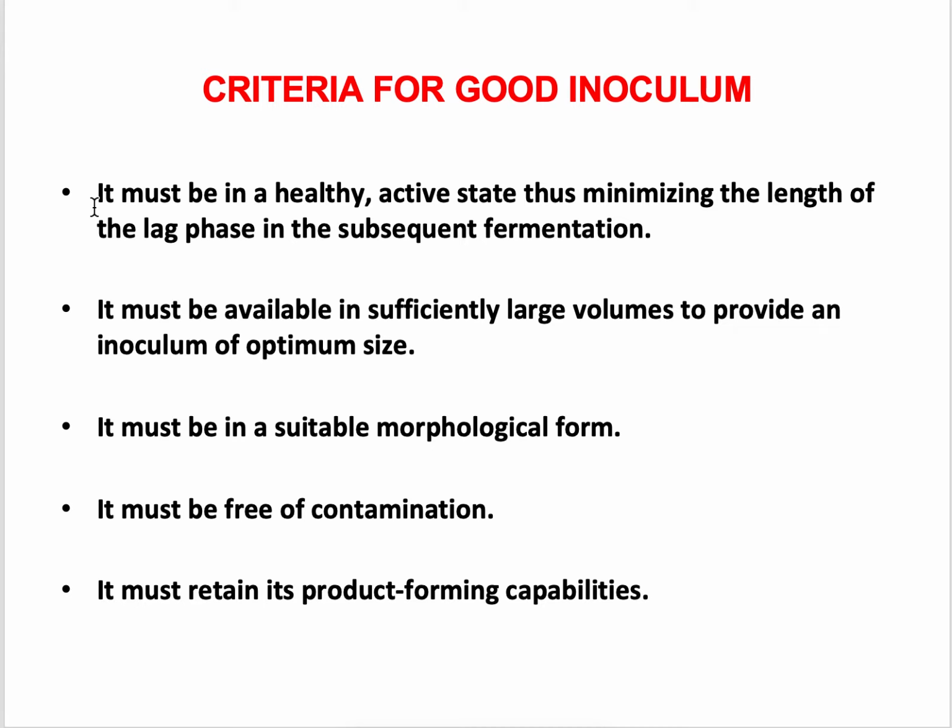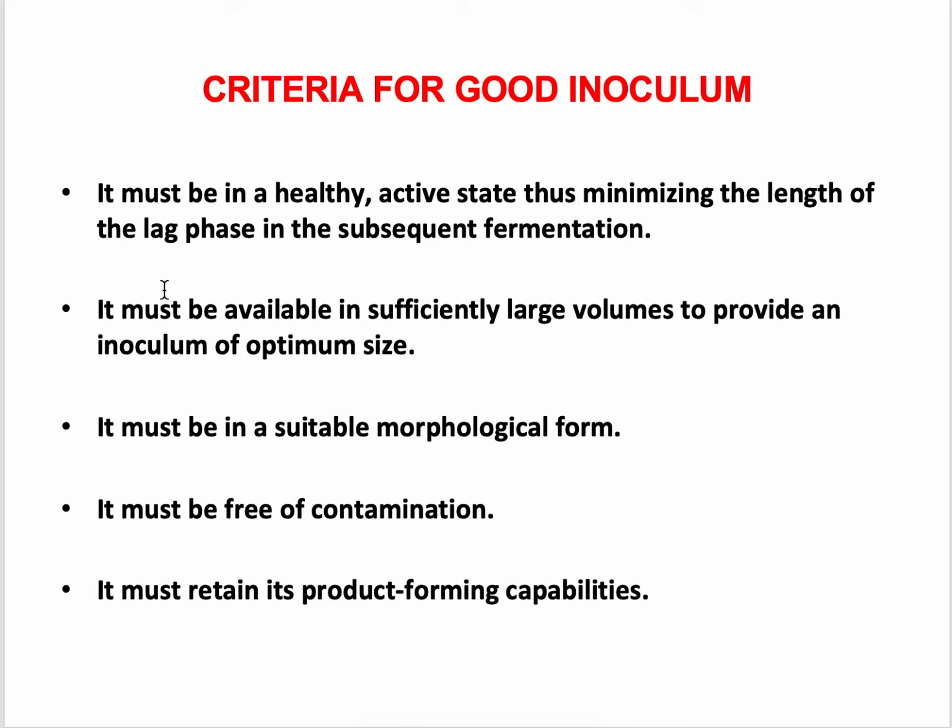The inoculum must be in a healthy, active state, thus minimizing the length of the lag phase in the subsequent fermentation. I mean, if the inoculum are in their active stage, meaning in exponential growth phase, then there will be a reduced lag phase in the final fermenter.